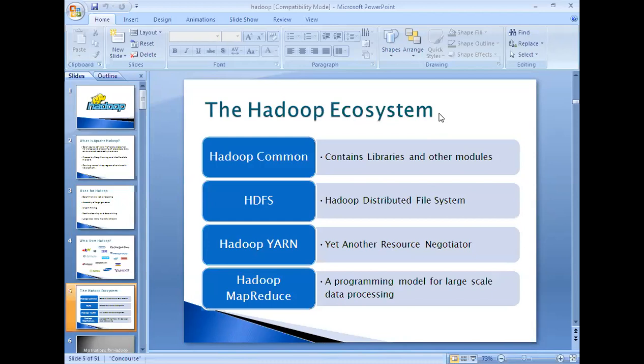So what the Hadoop ecosystem contains: the first part is Hadoop Common. I'll show you the diagram in the later slides, of how the ecosystem is defined and what the names of the tools are that are meant for all these four purposes. The first one is Hadoop Common, which contains the libraries and other modules.